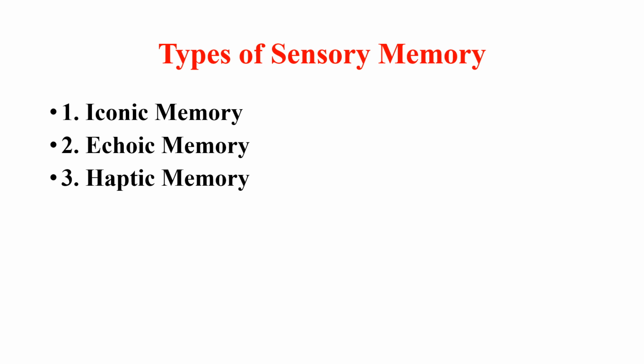It is the main point to understand. For visual stimuli, I have iconic memory specifically for that stimuli. Then for hearing stimuli, I have echoic memory, and for touch I have haptic memory. These three names are very important, and it is also important which stimuli they relate to.